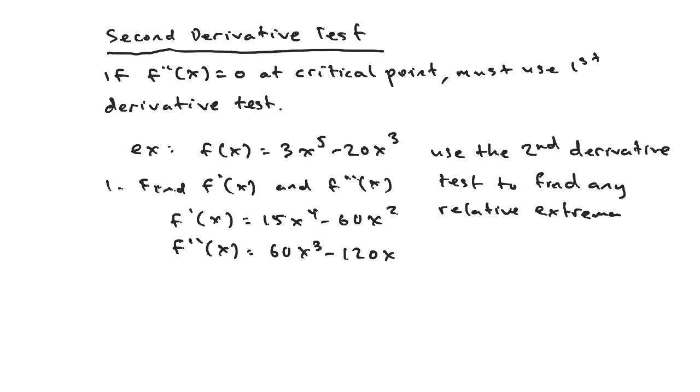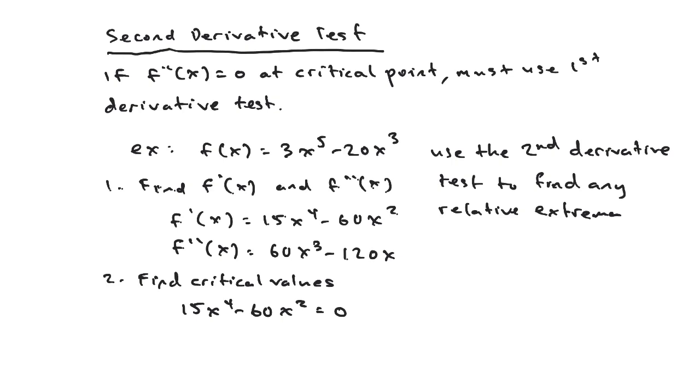Okay, so now we're going to do the same as the first derivative test, and find the critical values. f prime of x is 15x to the fourth minus 60x squared, and that's going to equal 0, because it is never undefined.